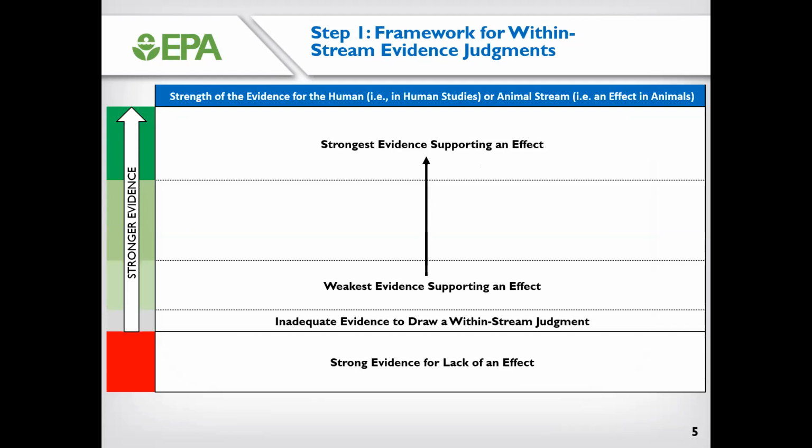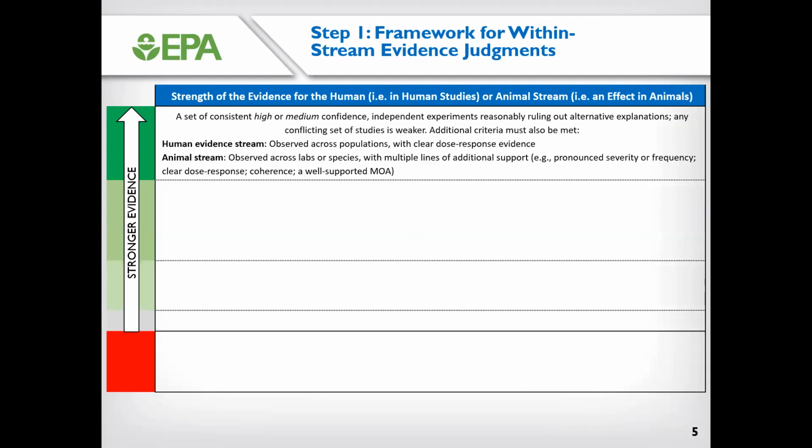So if you click once more, Erin, for example, the strongest evidence would be a set of consistent high or medium confidence studies where we've reasonably ruled out other possible explanations like bias or chance. And any studies that conflict are weaker, or we have an explanation for why the results are different. There's also some extra strength coming from clear dose response evidence in humans that's observed across populations. There are also other lines of support for animal studies like MOA.